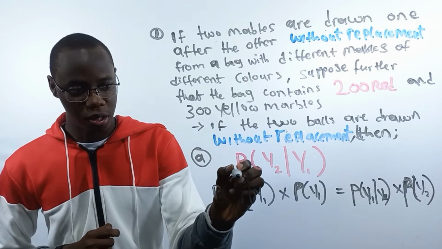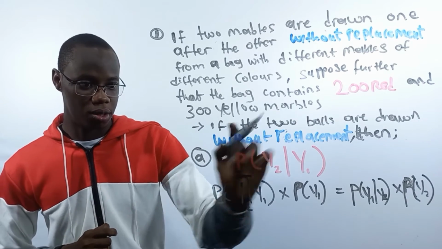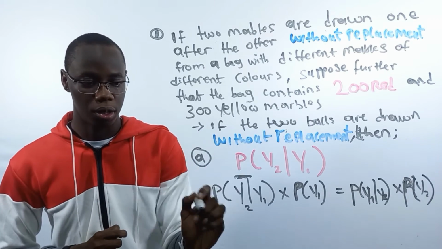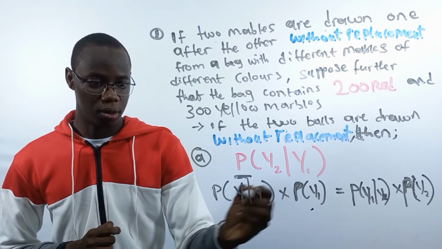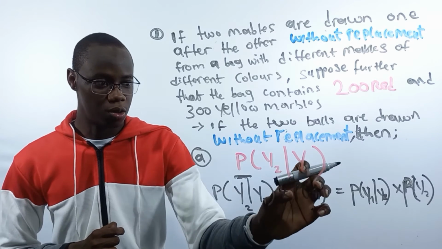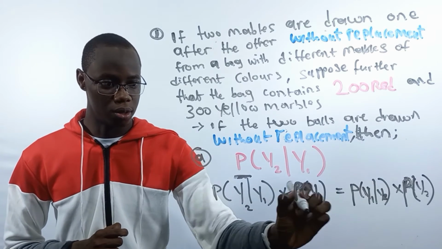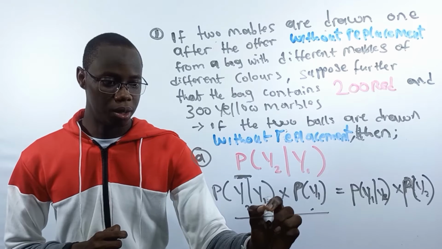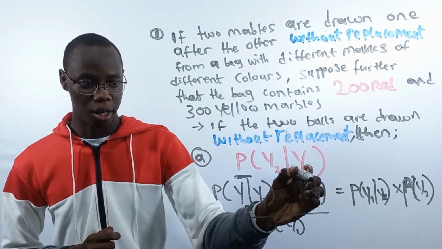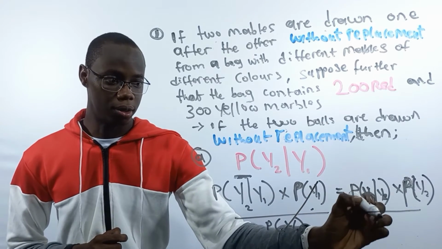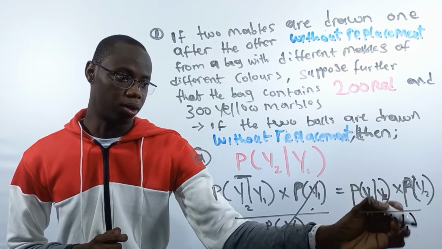So now this is what we are looking for, this probability, right? All you need to do is just divide both sides by this. So once you do that, this one will be divided by this. So that will be the probability of getting the first one, and these cancel out, and this is the probability of getting y as first one.